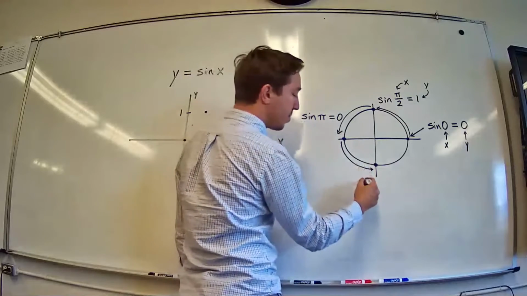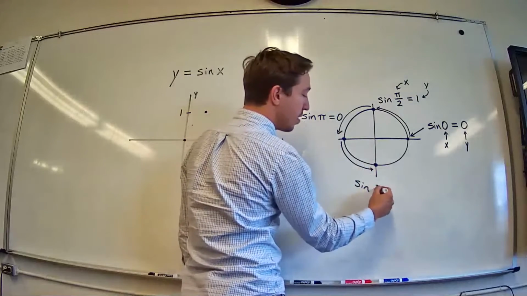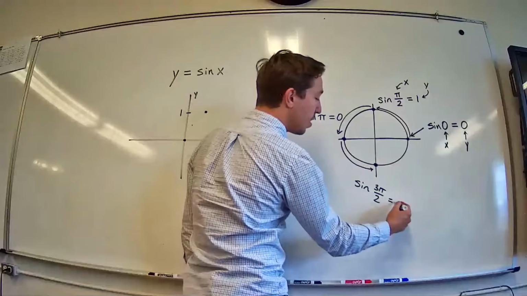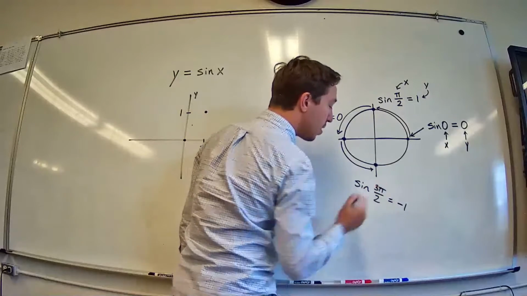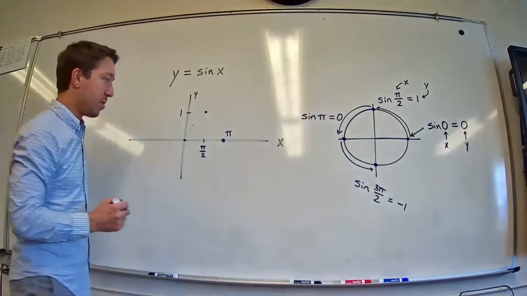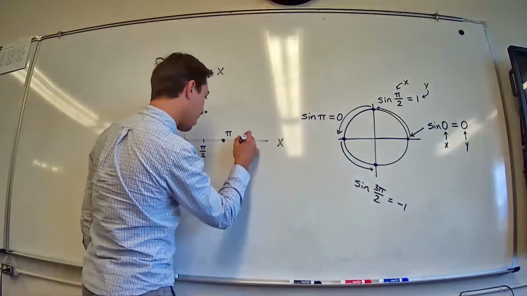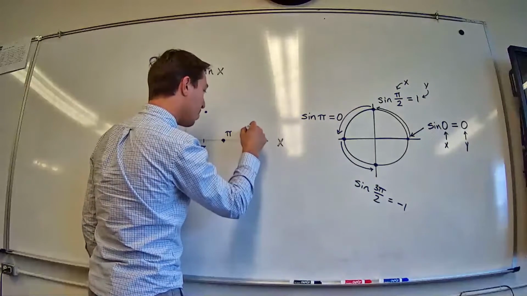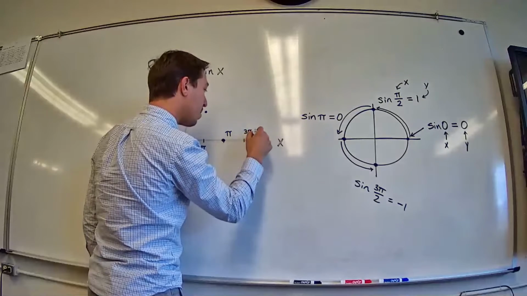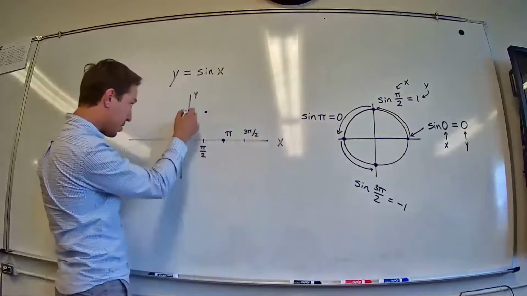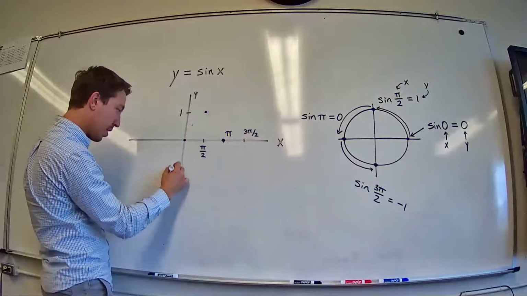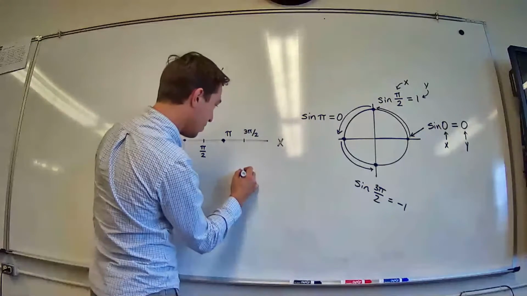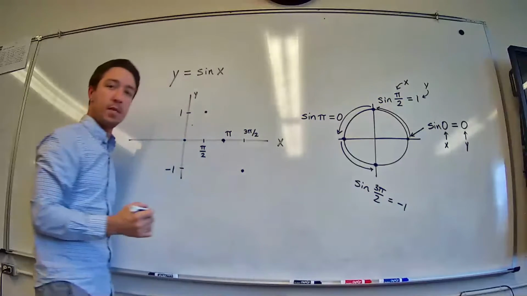What's the sine value down here? Down further. Sine of 3 pi over 2 is -1, so that's my x value, 3 pi over 2, is -1. Any questions still?